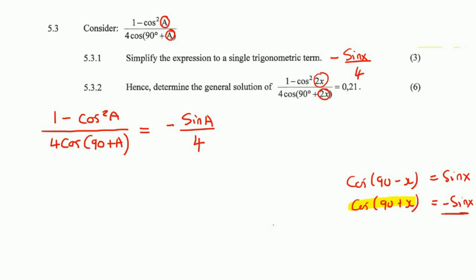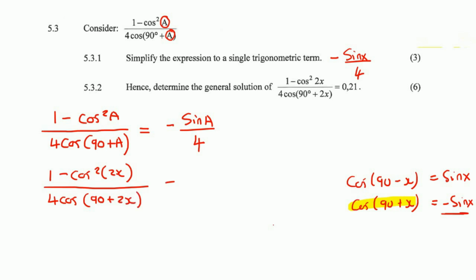So what they want us to do is think about what this would become. You can just follow what we did here, but you don't have to do everything, because they said hence, so we're using the previous answer. So 1 minus cos squared of 2x over 4 cos(90 plus 2x) we can change to minus sin.